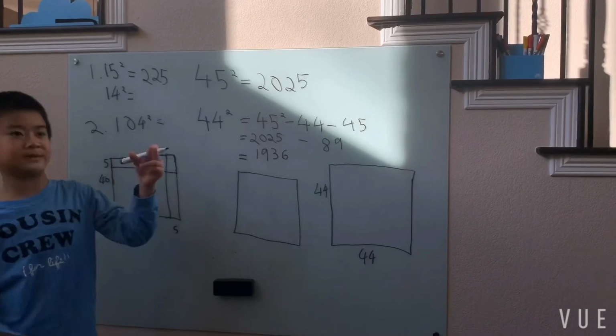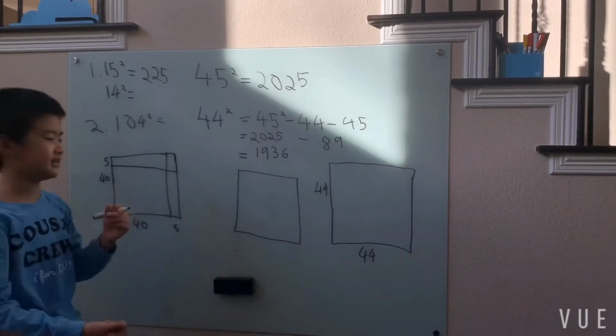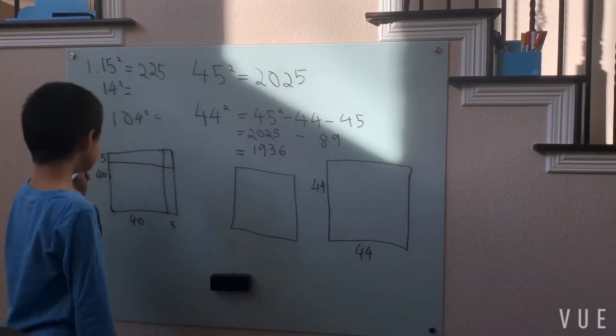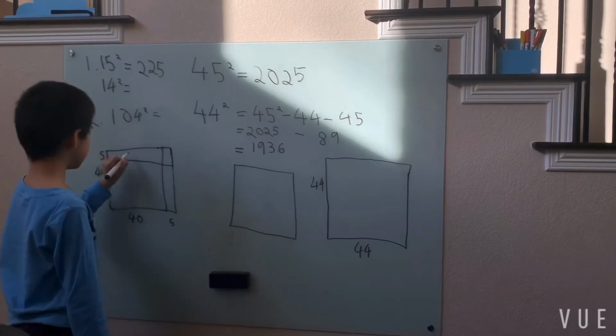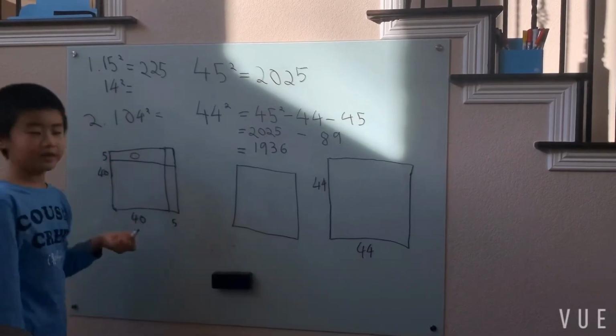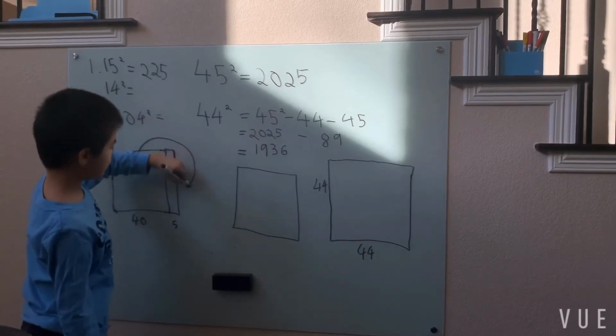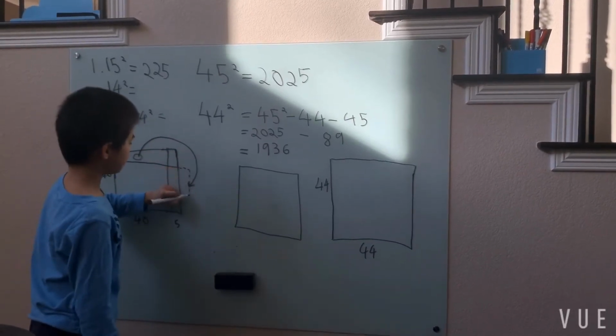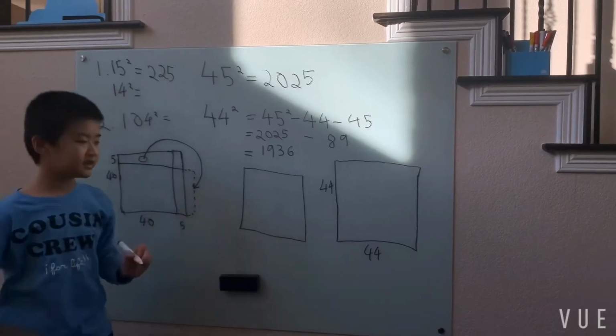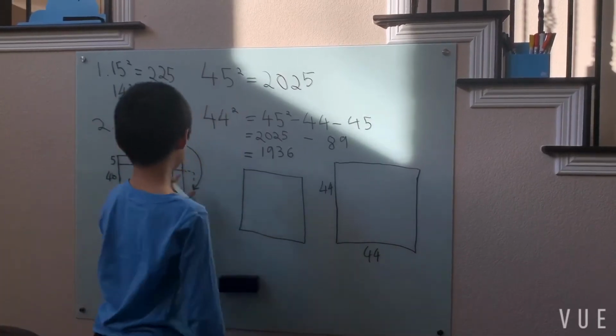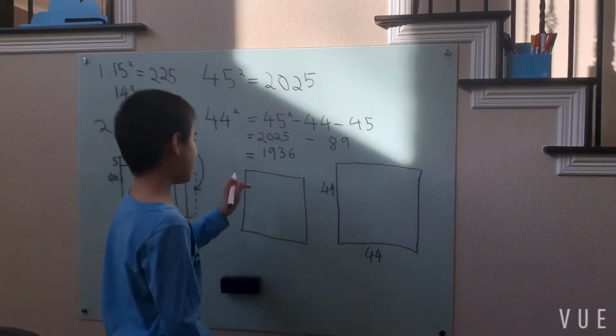I can just put this piece here and get this piece back here. So I'm going to move this piece down here, like that. So here, this is my regular 45 by 45 square.